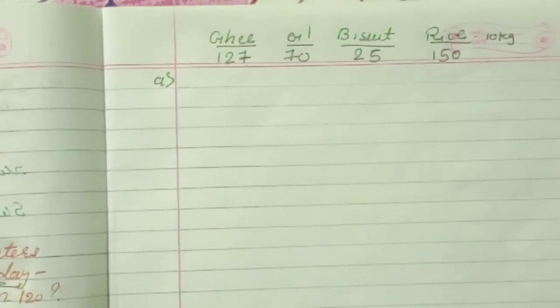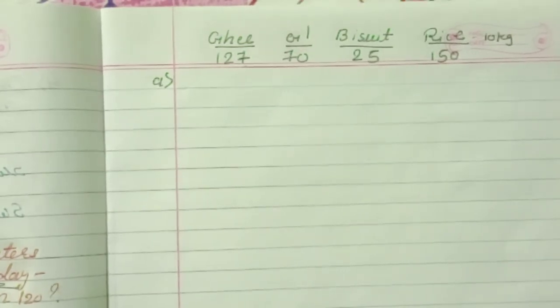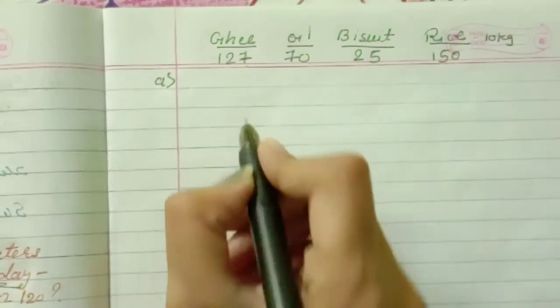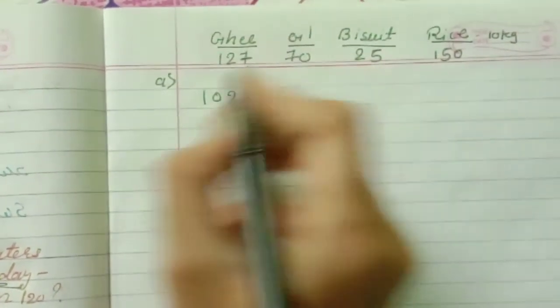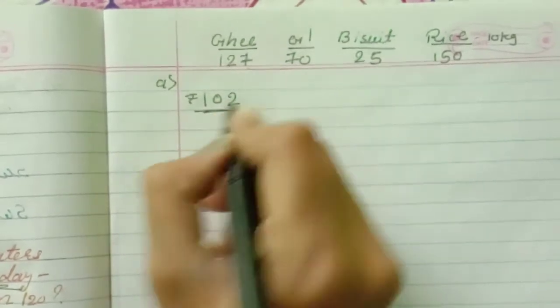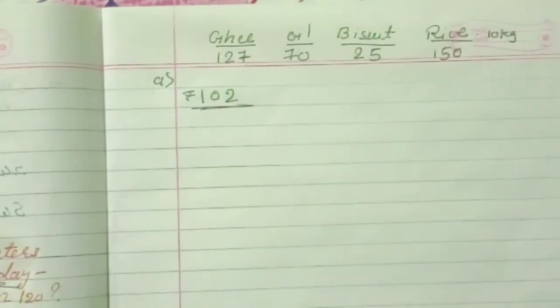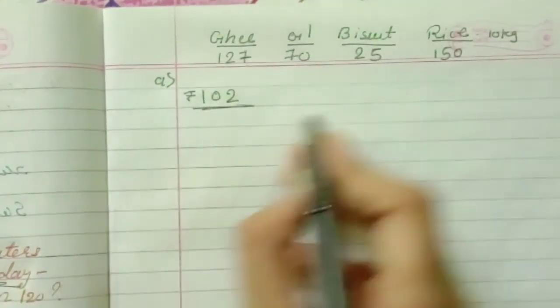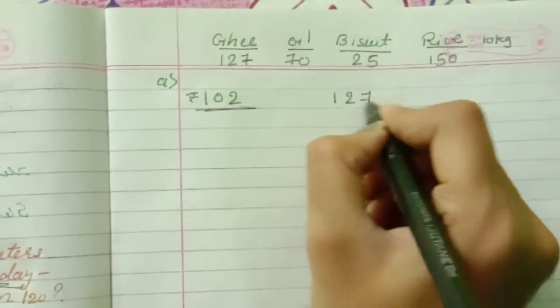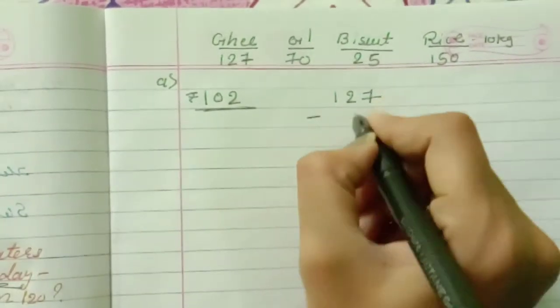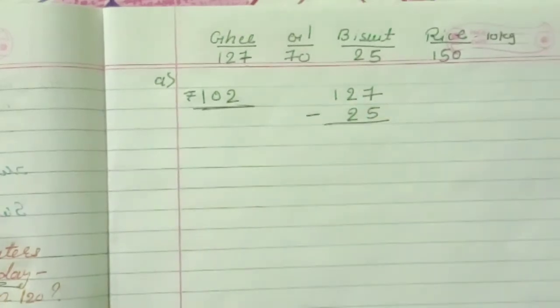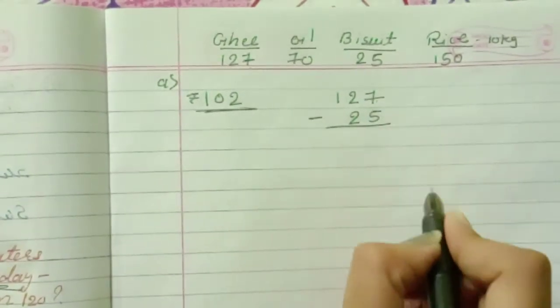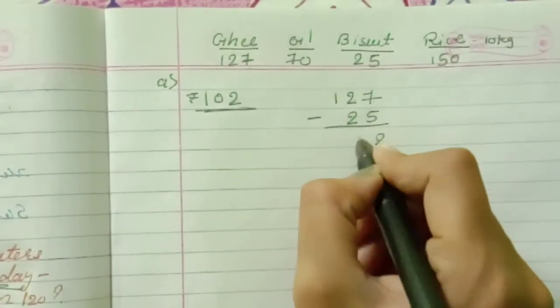Now in A, they ask, ghee is 102 rupees costlier than biscuits. That is what she said. So let's check ghee and biscuits. 127 rupees of ghee minus biscuit 25 rupees. 7 minus 5, 2. 2 minus 2, 0.